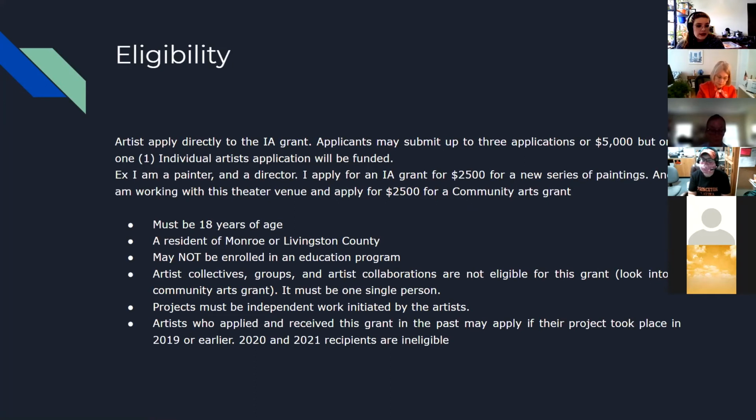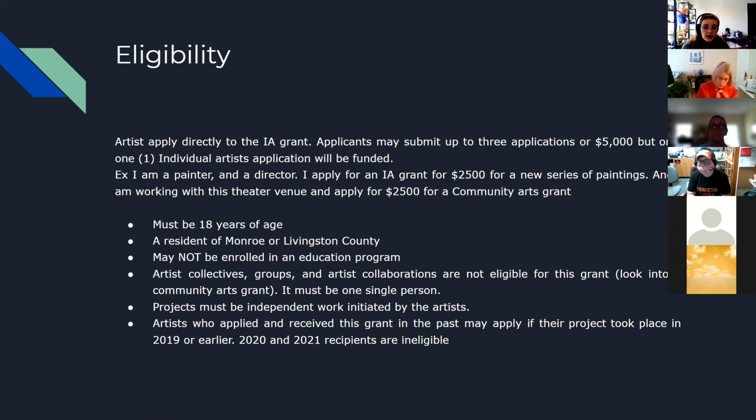Eligibility for this grant: artists apply directly. So even if I was the head of a theater department, I would apply directly as my own individual person for this grant. Applicants may submit up to 3 applications or $5,000, but only one individual artist grant would be funded.